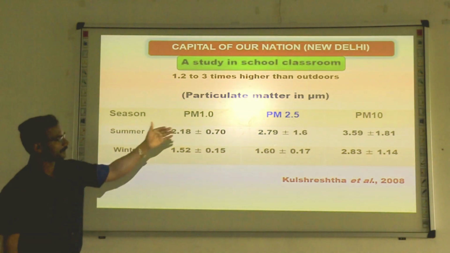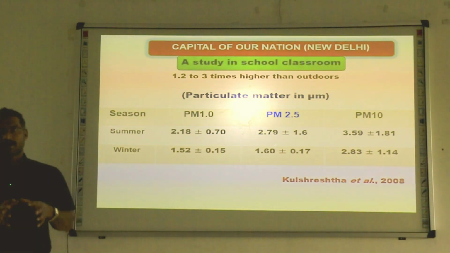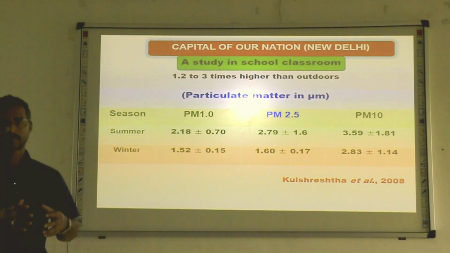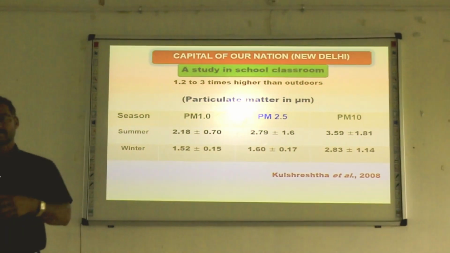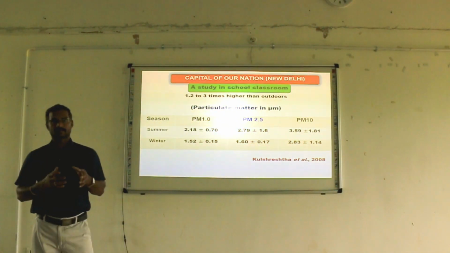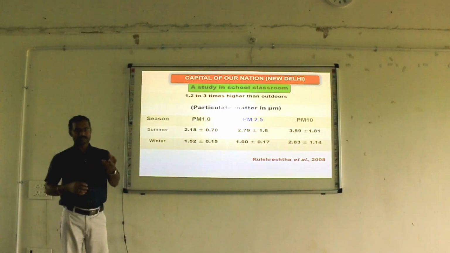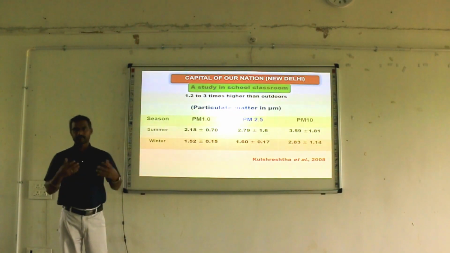In summer the particulate matter content is high because the moisture content is very low, so air passing from one place to another is very high, and particulates circulate here and there. In winter the moisture absorbs the particulates and deposits them in particular places.